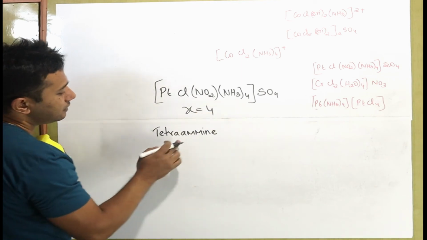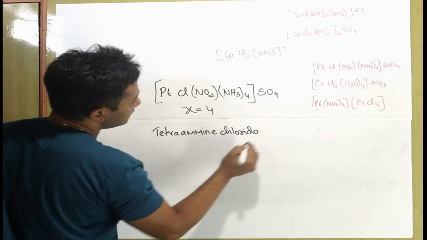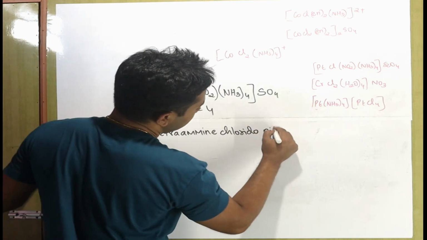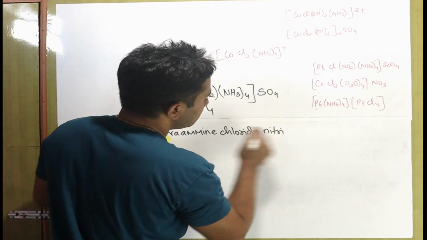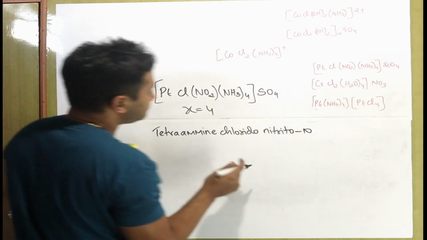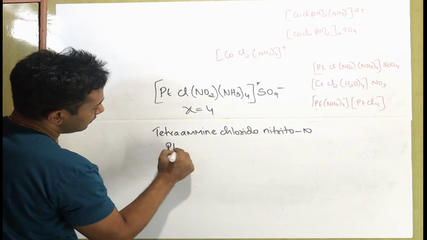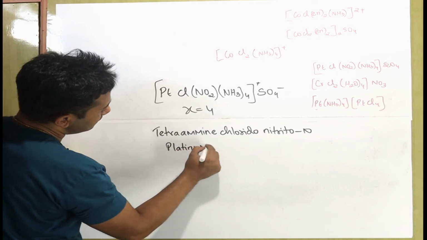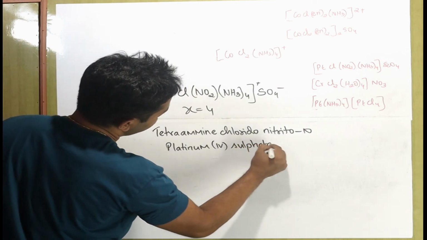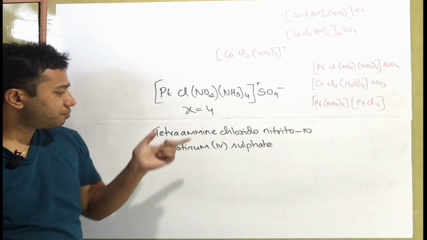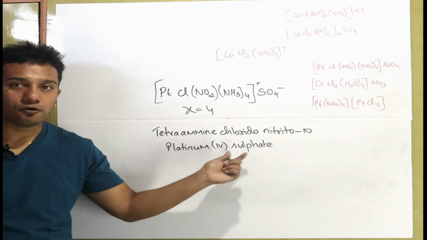Since it starts with A, we are going to write first tetraamine, then chlorido, since the ligand is negative, and this will be nitrito N. And this SO4 is minus, this will be plus, platinum 4 sulfate. So the name of this coordination compound will be tetraamine chlorido nitrito N platinum 4 sulfate.